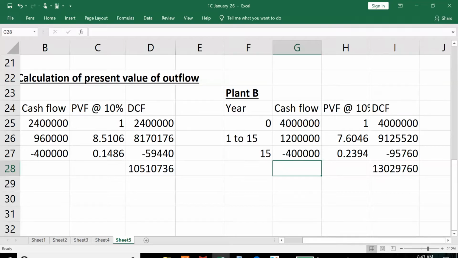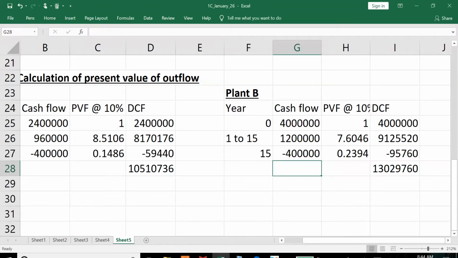The answers are 1 crore 5 lakhs and 1 crore 30 lakhs.